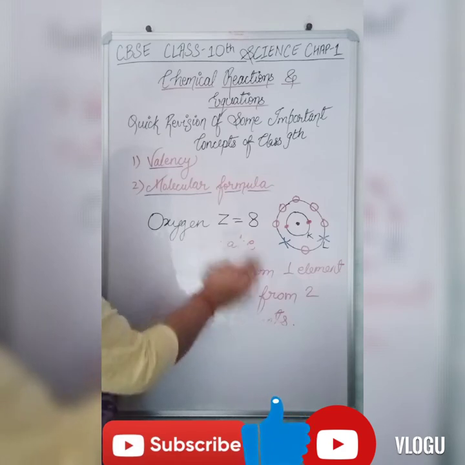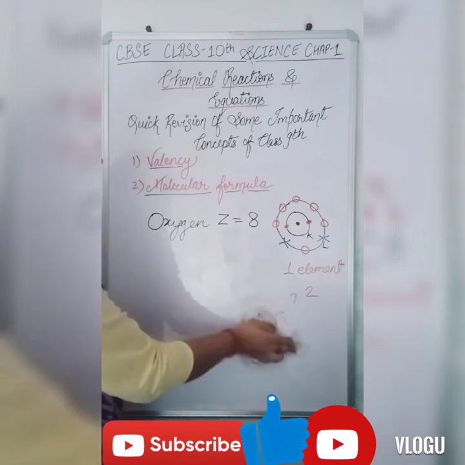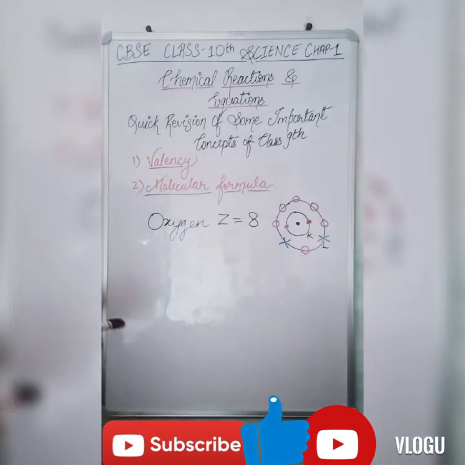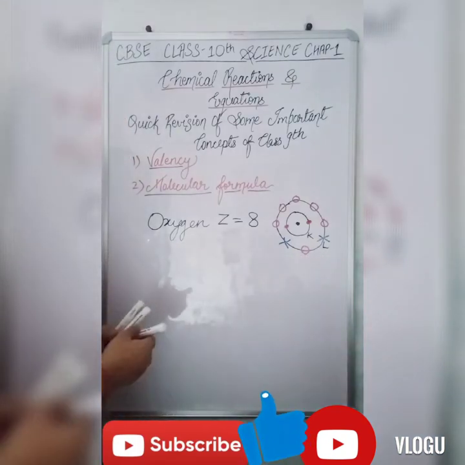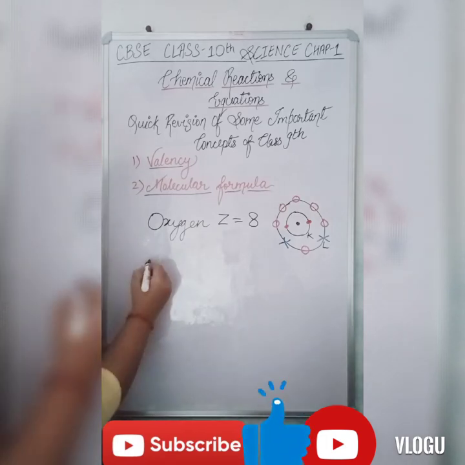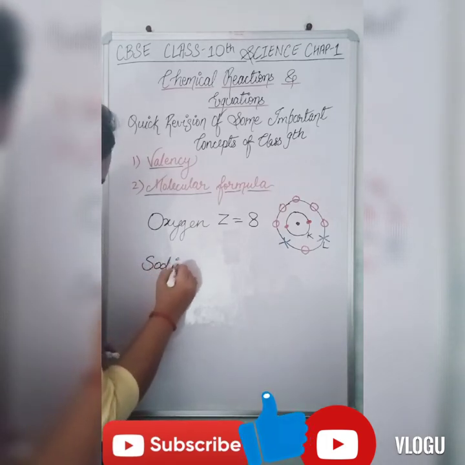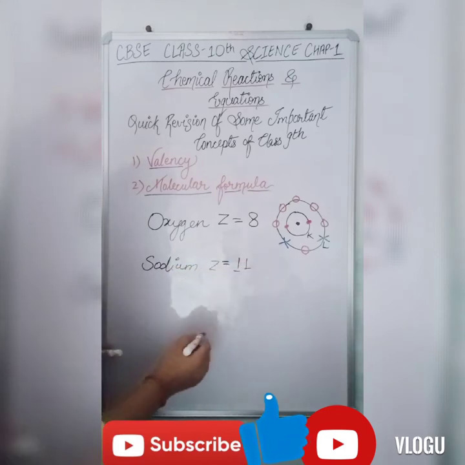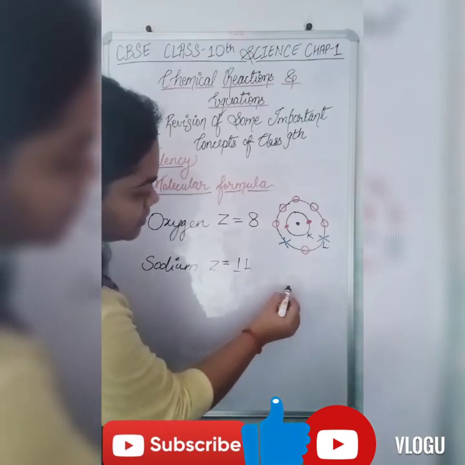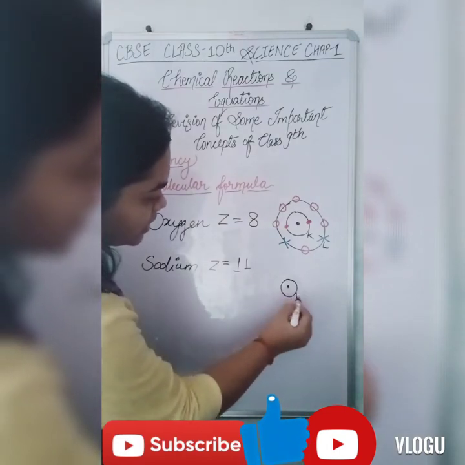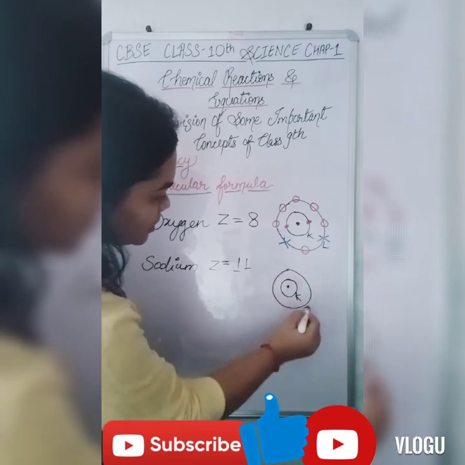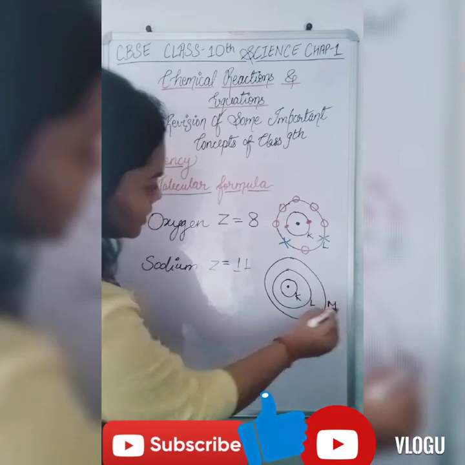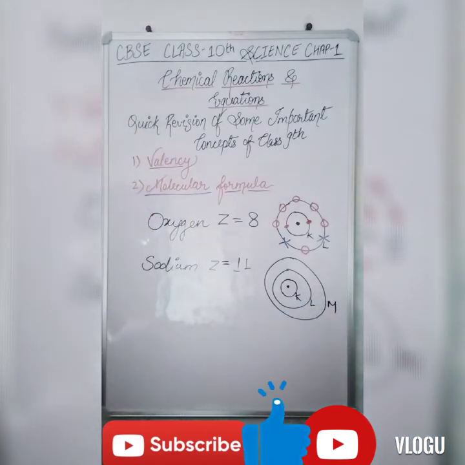I am writing something important here, you can pause the video and write it. Okay. Suppose I take two different elements, sodium, atomic number 11, and if you make the configuration, it becomes like this: this is nucleus, this is first shell K, this is second shell L, and this is another shell M. Let us see if we need M shell or not.